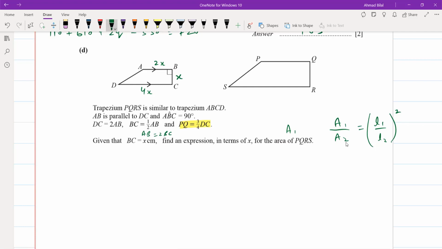PQ is 3/4 into 4x. That turns out to be 3x. No, that's not going to be 6x. It becomes 3x, right? 3/4 into 4x किया, 4 cancel हो गए, we're left with 3x here. Okay, ये हमारे पास लेंथ आ गई.